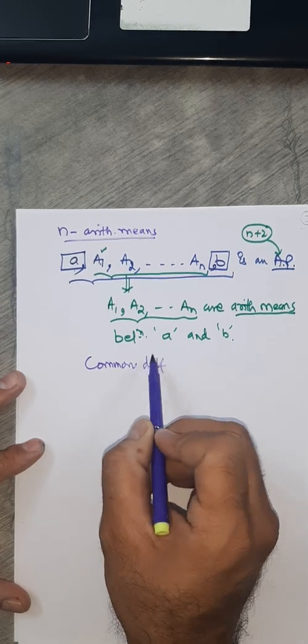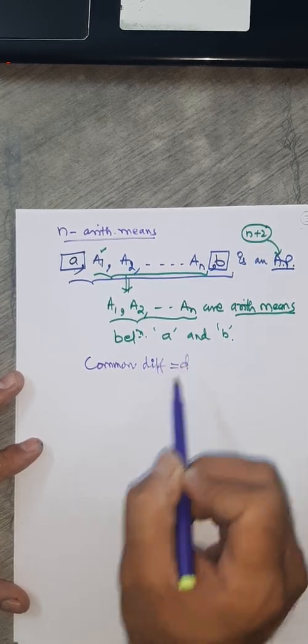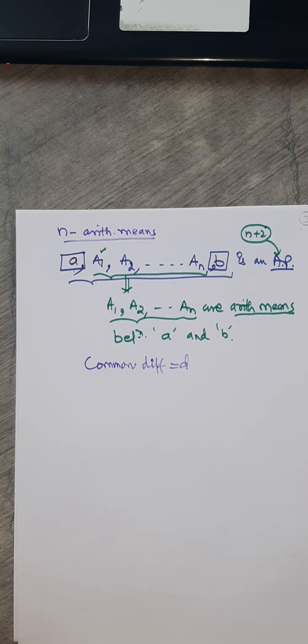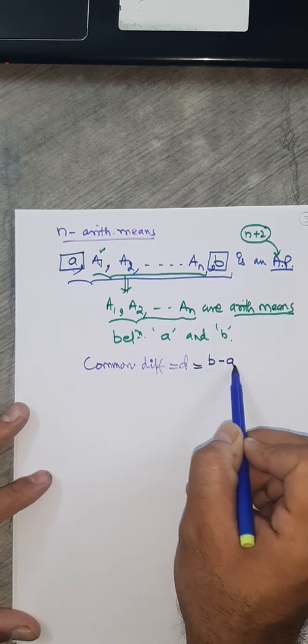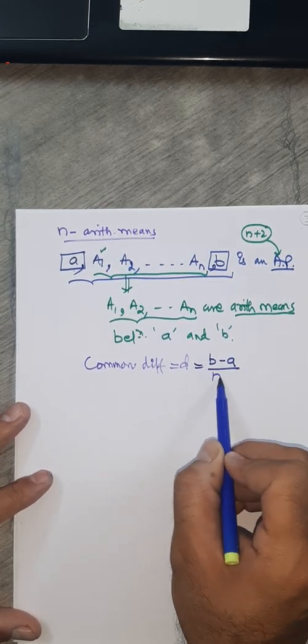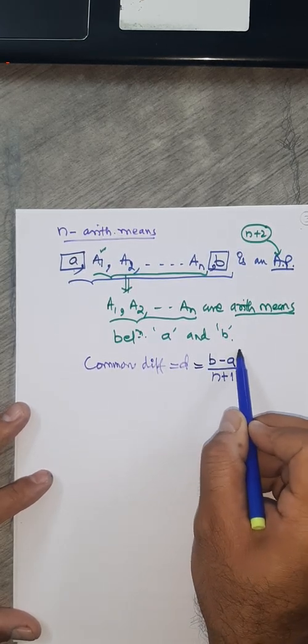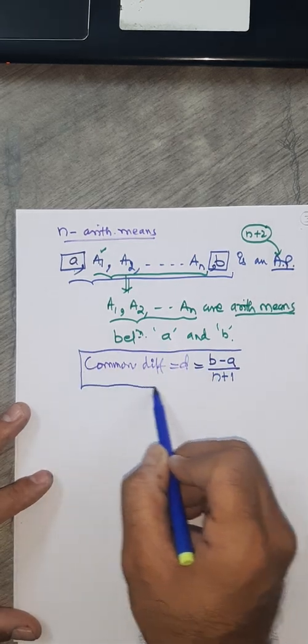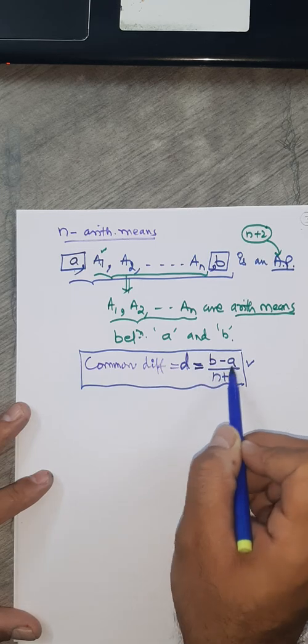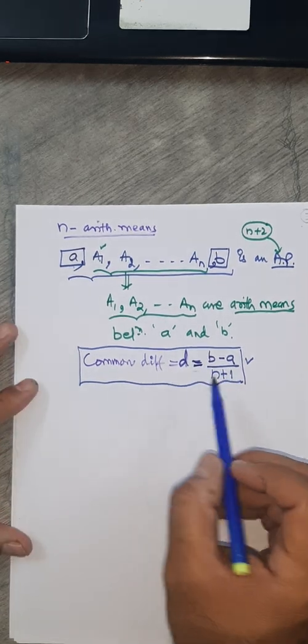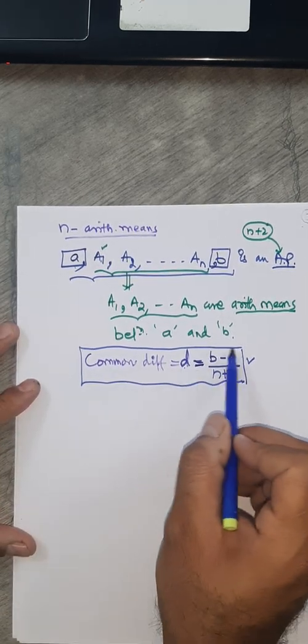The common difference D is given by this formula: D equals (b minus a) upon (n plus 1), which you need to remember. Why this? I'll not get into that, but just keep in mind (b minus a) upon (n plus 1). So now you know the common difference.